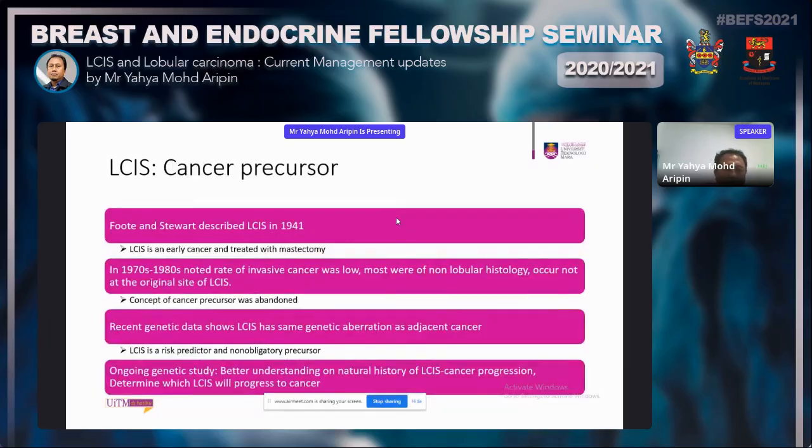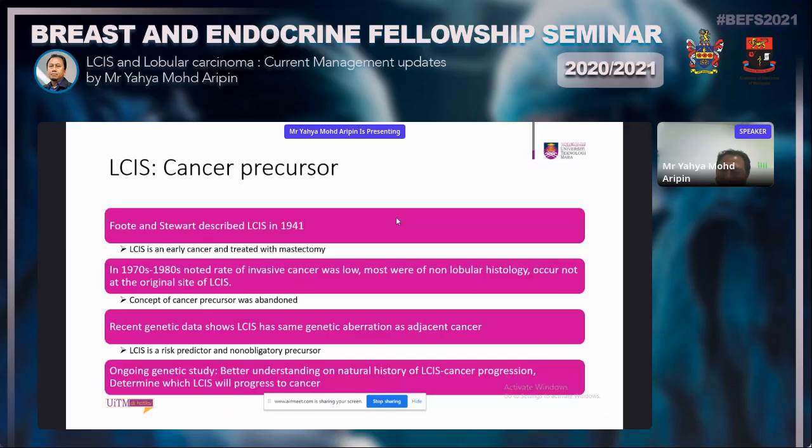The concept of LCIS as a cancer precursor actually is not a new concept. When LCIS was first described in 1941 by Foote and Stewart, they described it as early cancer, and mastectomy was a treatment option at that time.